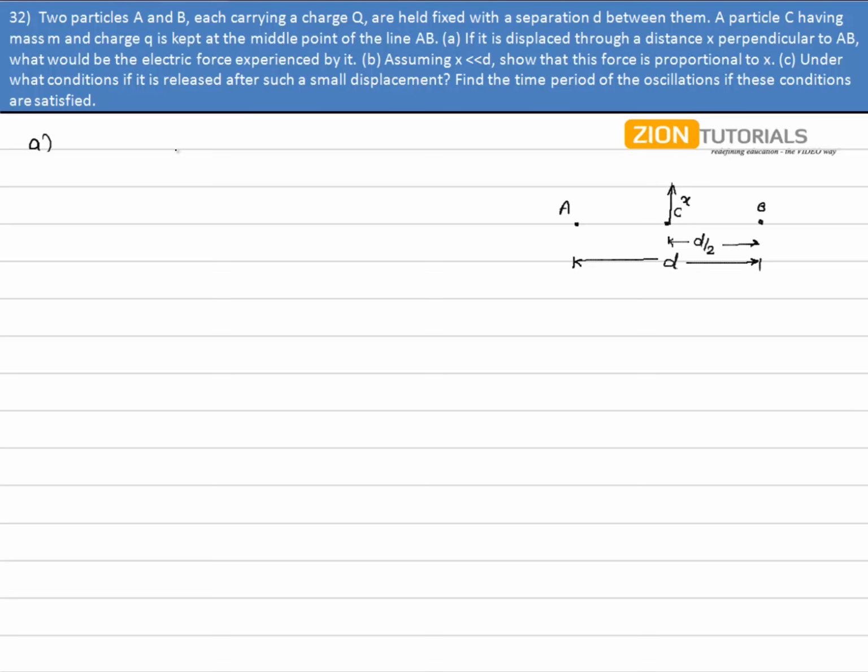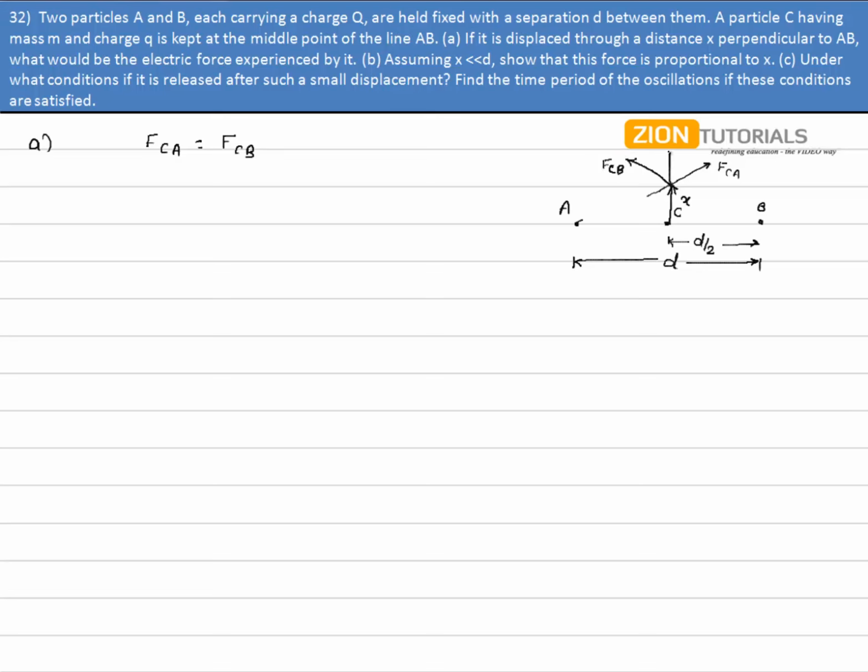The one thing to be noticed is that when the charge C is displaced by distance x, then the force on C due to A will be equal to force on C due to B. Now let us say the line of force between A and C is this FCA, and the line of force between C and B is this, F on C due to B.